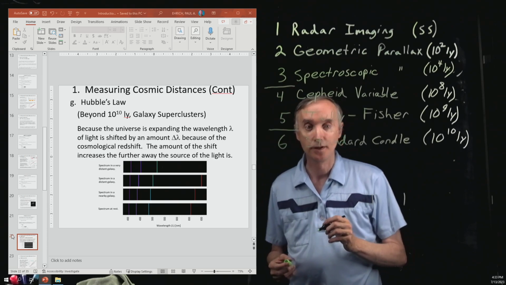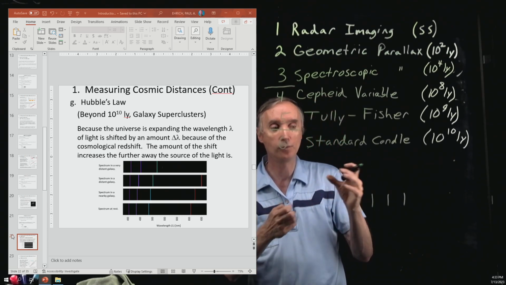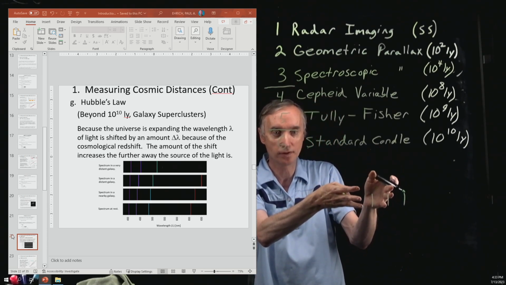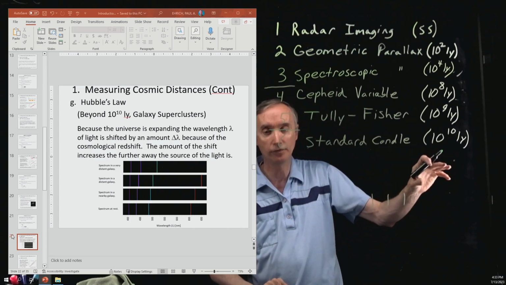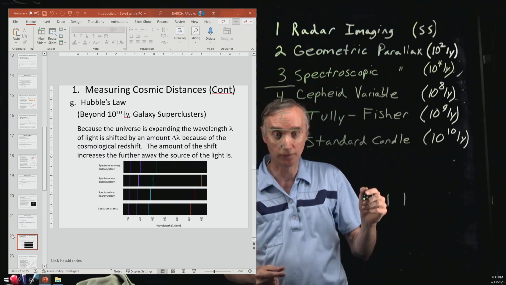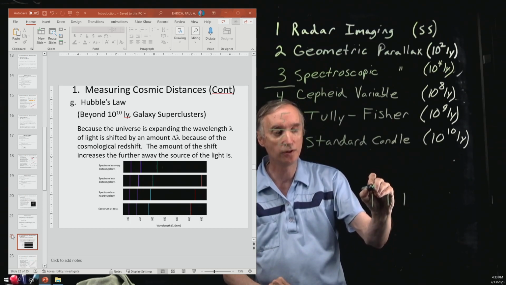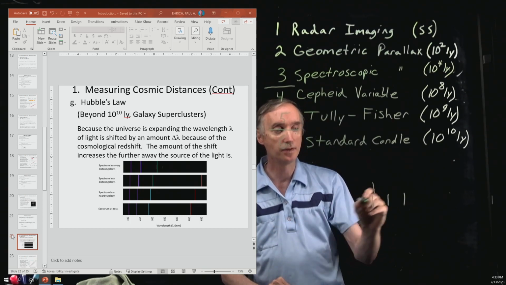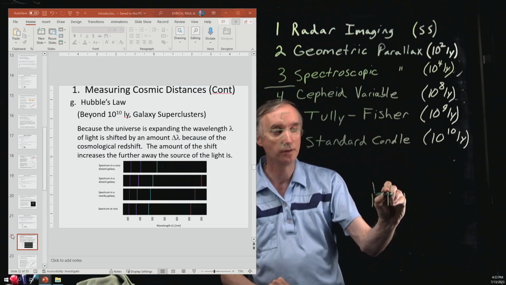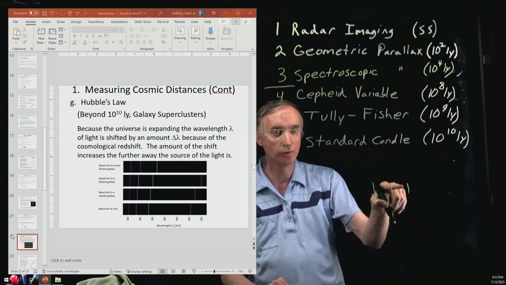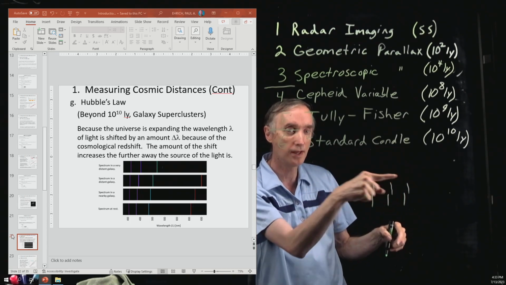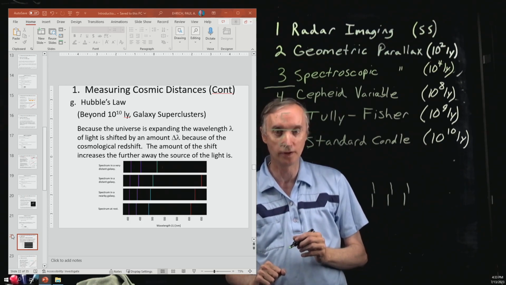Okay, but if we take this source of light and it's moving away from us, then it's red shifted, and so then that would mean that this line here would shift over to here somewhere, and then this line would shift over to here, and then this line would shift over to here. So the lines will shift towards the red end of the spectrum, which is over there.